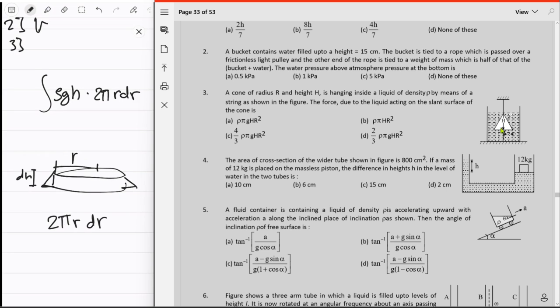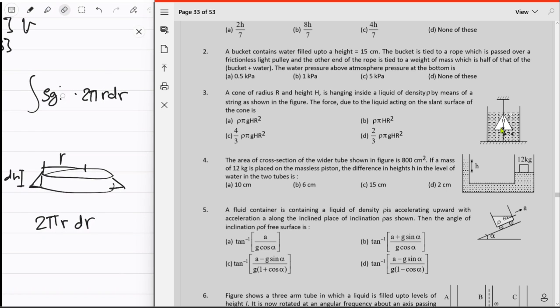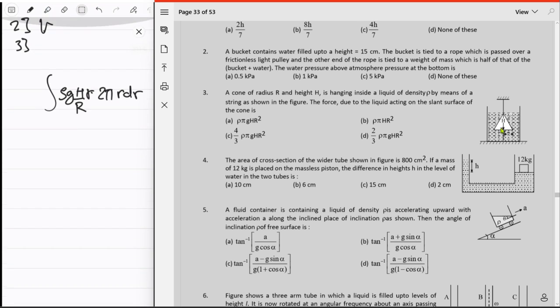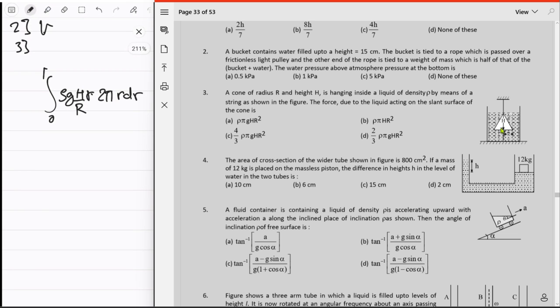We just have to write h in terms of r. So you can do that like this: h upon capital R times small r, right? This is the thing, and it's going from r equal to 0 to capital R. So rho g comes down.